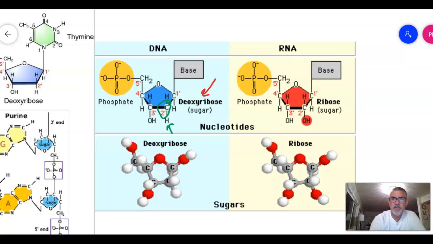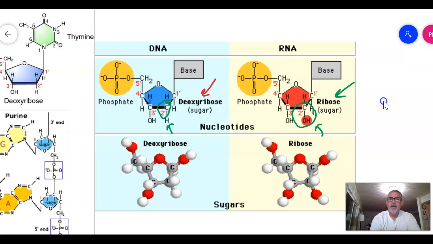And if you look at RNA, RNA has ribose, because at the 2' carbon I have a hydroxyl. So at the ribose, I have a hydroxyl, that's it right here. OH is a hydroxyl.